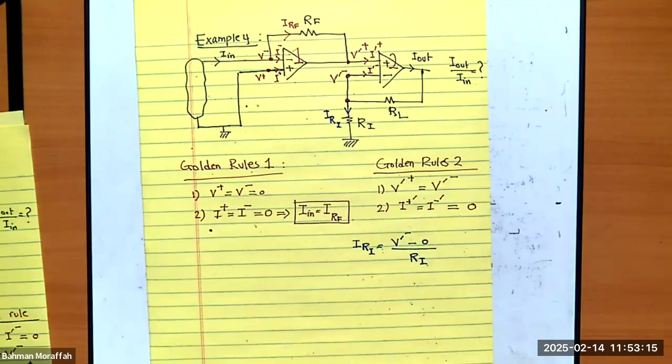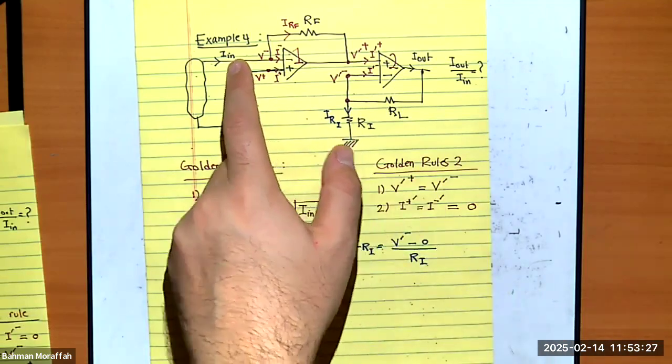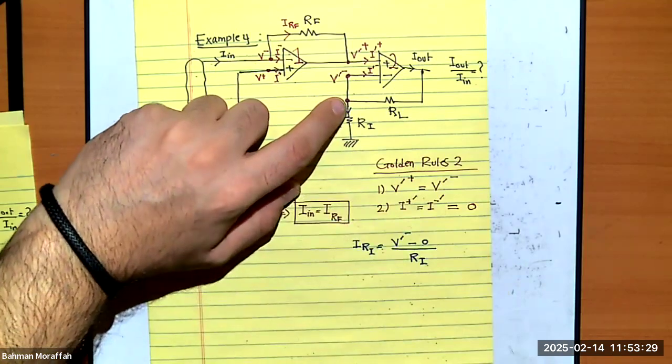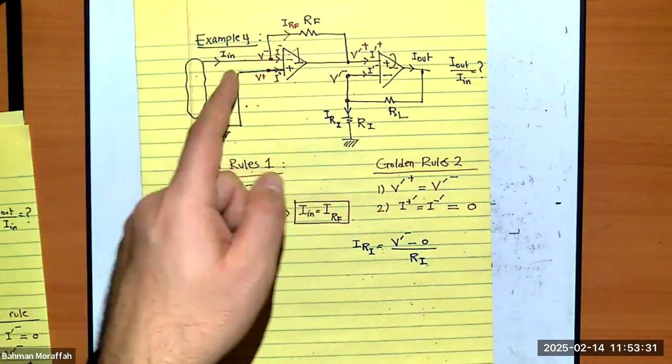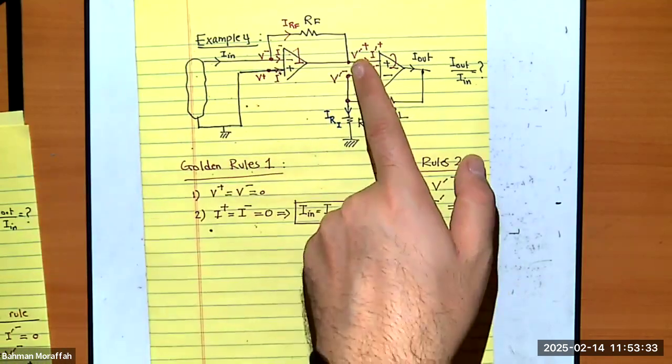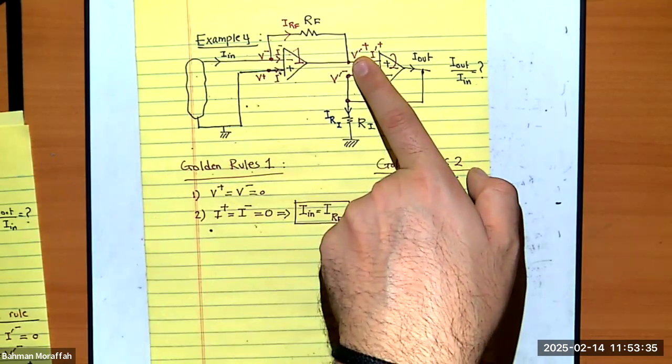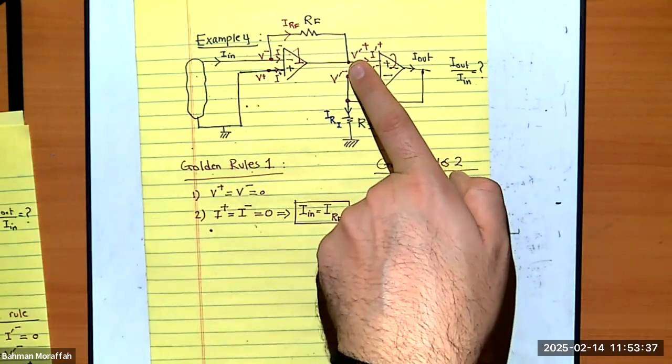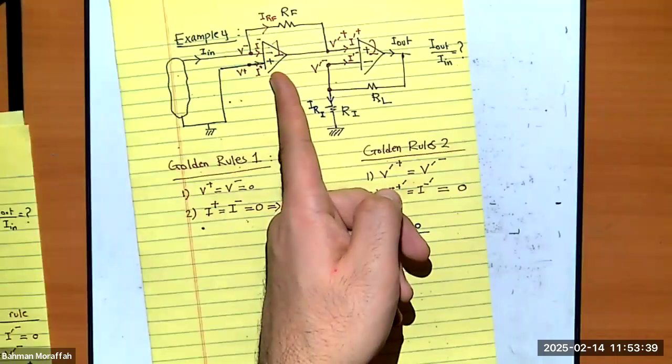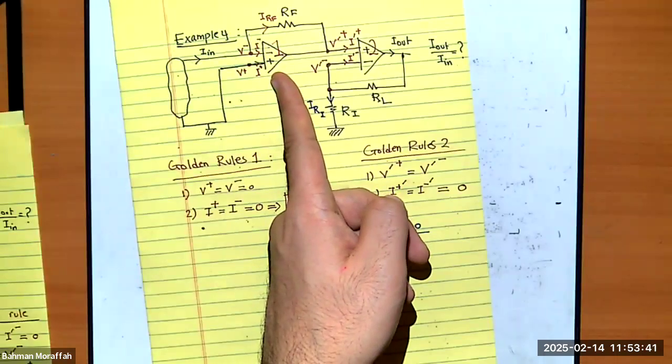But keep that in mind. All I'm trying to do is to find the relationship between the output and the input. So I have to somehow write everything in terms of this input. If I want to connect this V prime negative to this guy, I have to go back and write it in terms of this V prime plus, because this V prime plus is the output of the first op-amp, right?